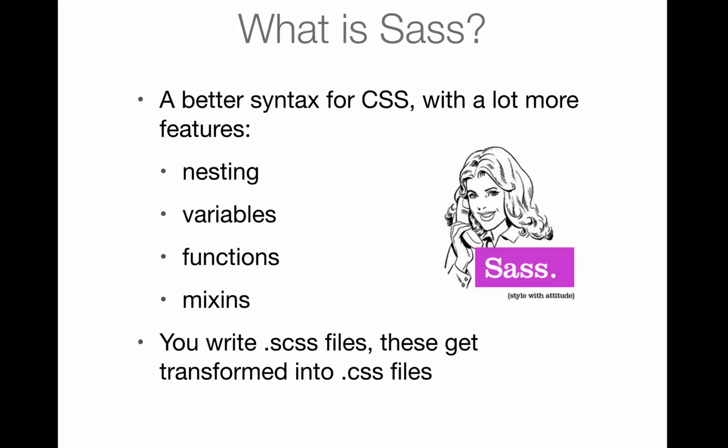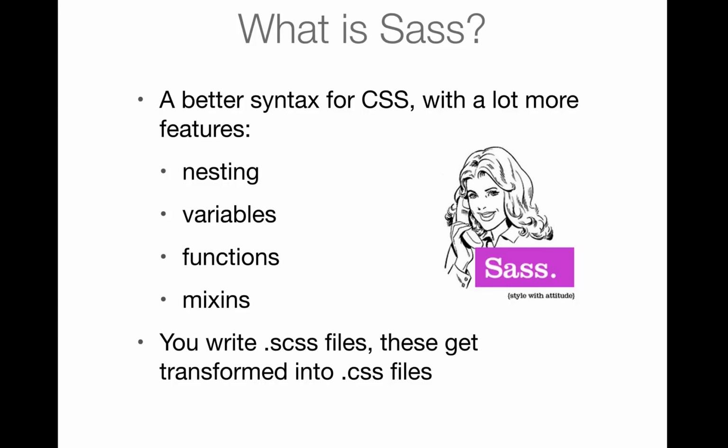Some examples of features are nesting, so being able to nest selectors inside of each other, and the ability to have variables, or to store certain bits of information like colors and sizes that you're reusing again and again in your CSS. You have functions, so there are some functions built in that let you, for example, manipulate color.